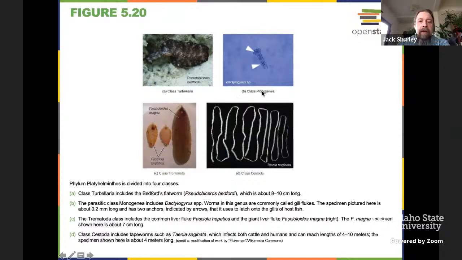The Monogenea are types of worms that infect a single host. That's what this is really meaning with that. And in this case, lots of times we think fish. Dactylogyrus is a common one that gets into the gill filaments of them.